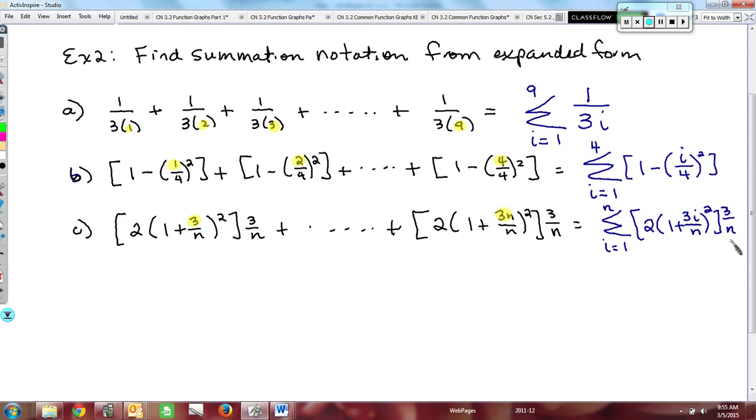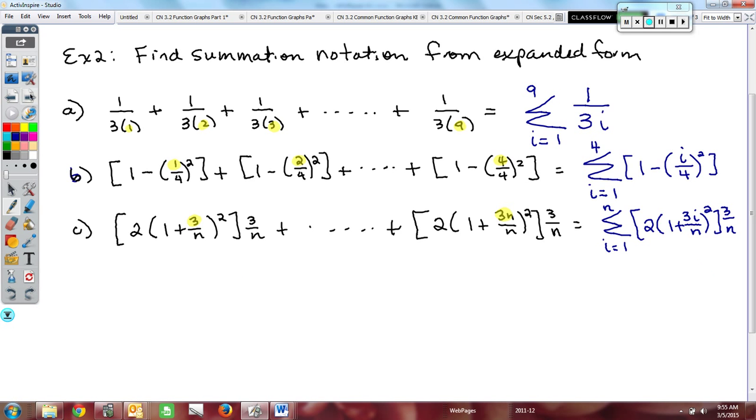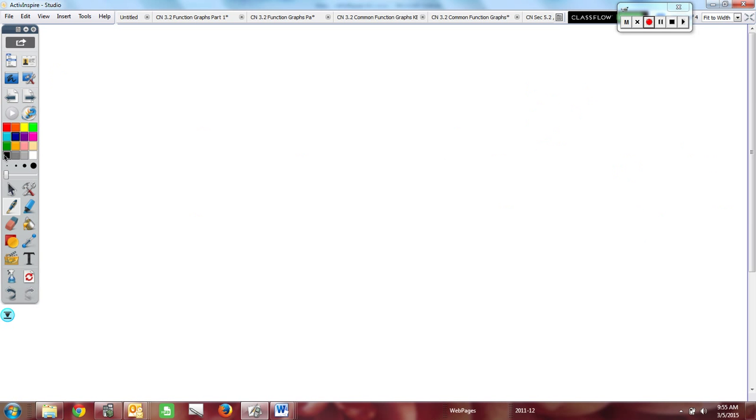All right, now for our third example, now that we can go from sigma form to expanded form to sigma form, really the objective we have is to basically use the closed formula to evaluate without expanding. So let's go to example 3 here.